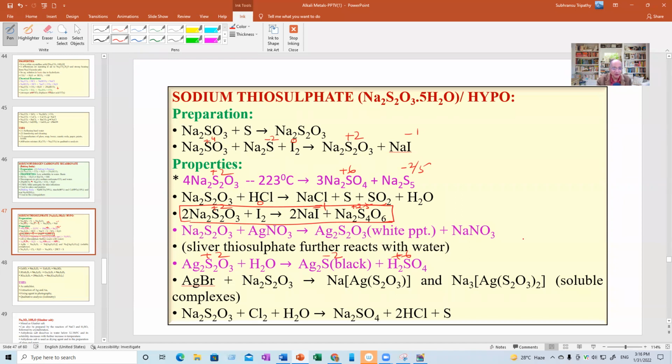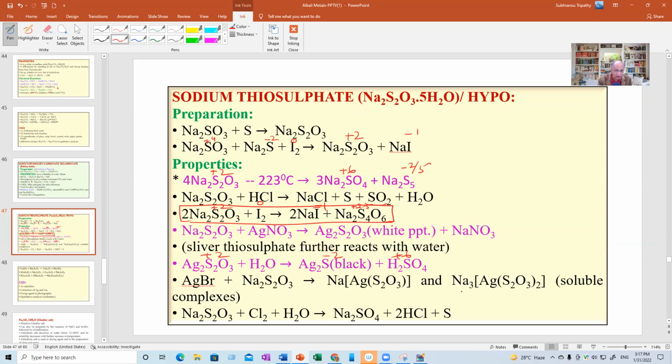And this is the silver bromide plate. When this is exposed to light, some silver bromide will be there, and then you are washing it. So this will be washed out, forming a complex. It is a monothiosulfato complex, or dithiosulfato complex. You will be knowing how to name it: sodium thiosulfato argentate(I), and sodium dithiosulfato argentate(I).